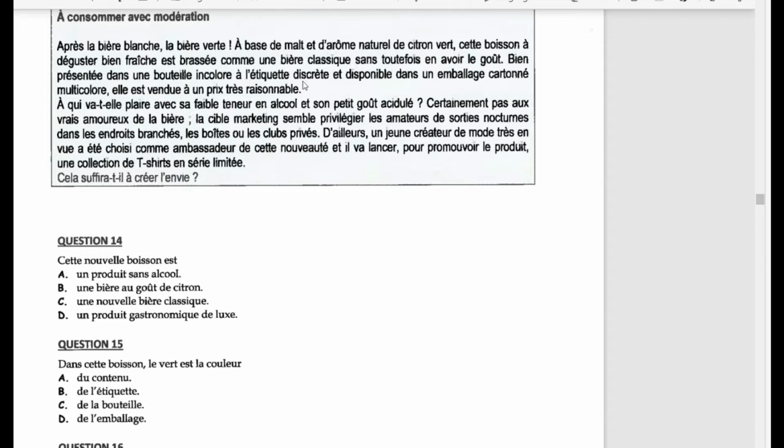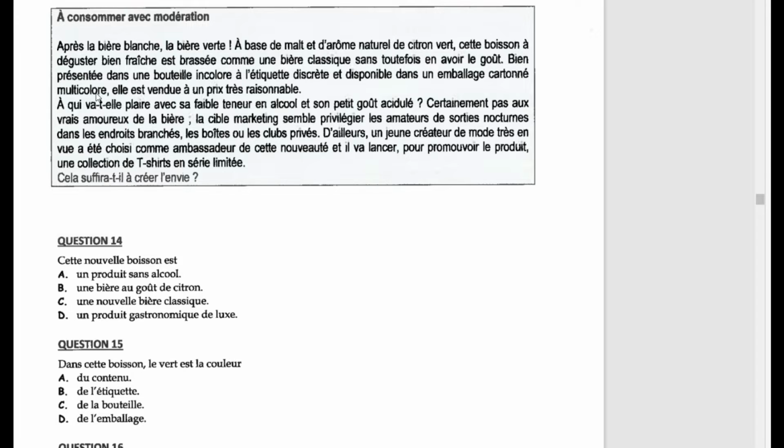Now, "l'étiquette discrète" is also not sure because it is discreet, so we don't know whether it has a green color. "Est disponible dans un emballage cartonné multicolore." It is presented in a carton type box which is multicolor. So their box is multicolor, their label is discreet, we don't know the color, and the bottle is colorless.